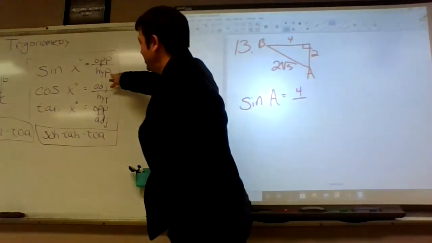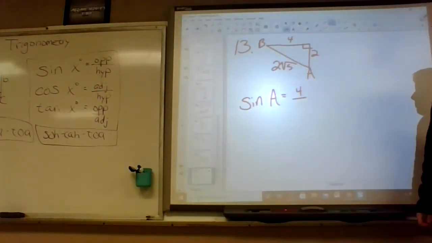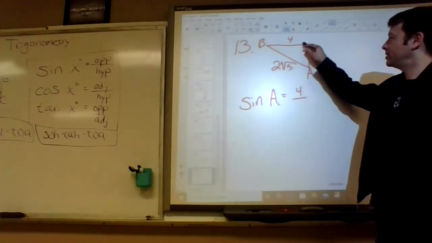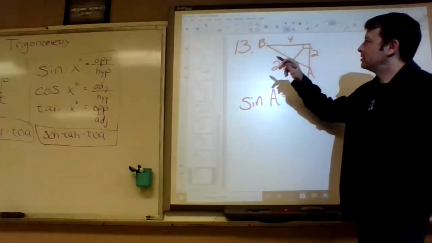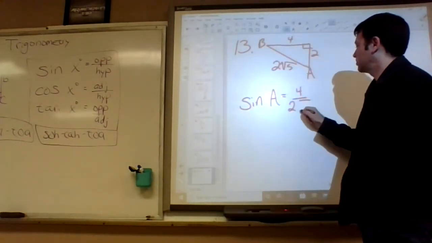What is the hypotenuse? Hypotenuse is always the big one. It's always the side across from the 90-degree angle. It's always the largest. 2 square root of 5.